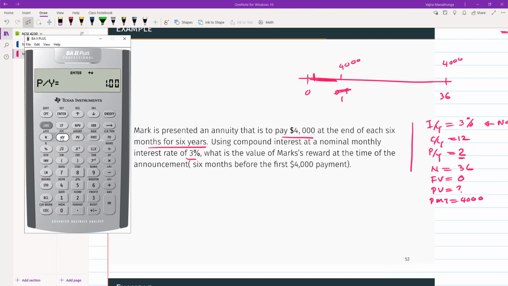Then I have to enter payment per year is 2. Compounding per year is 12. Then quit. I have 0 for future value, 4,000 for payment, and then compute present value. So we see it's 110,169.